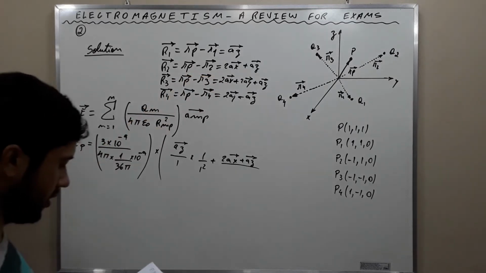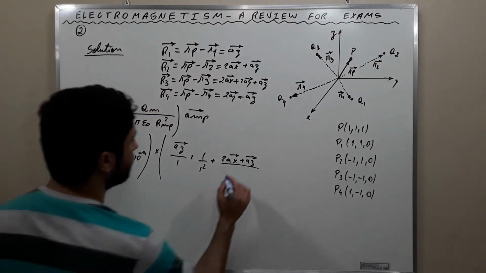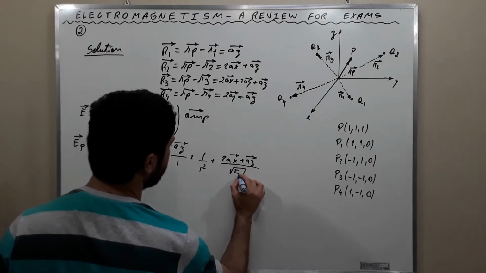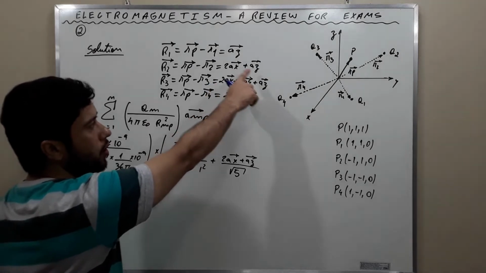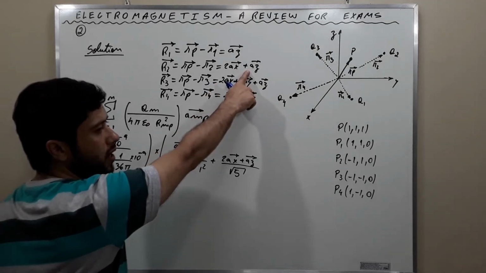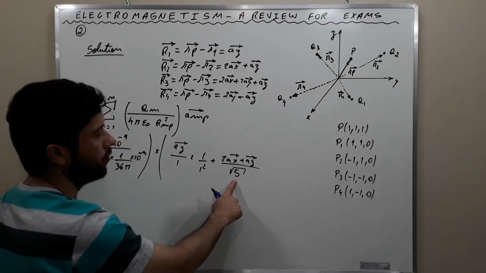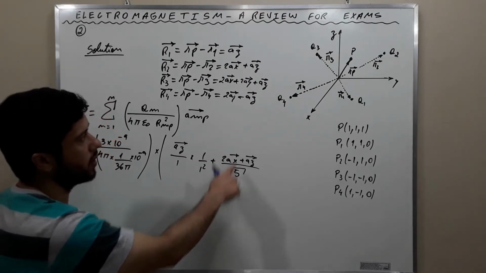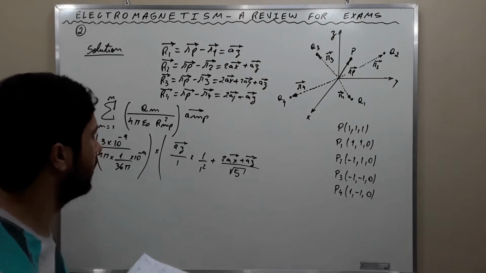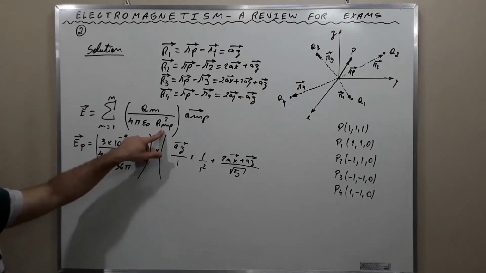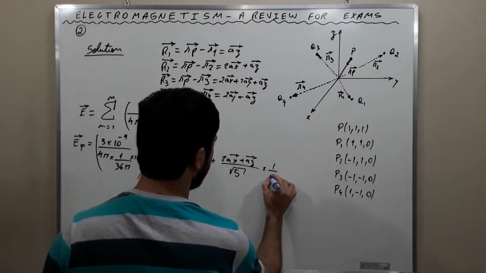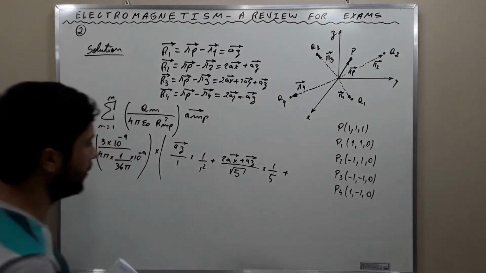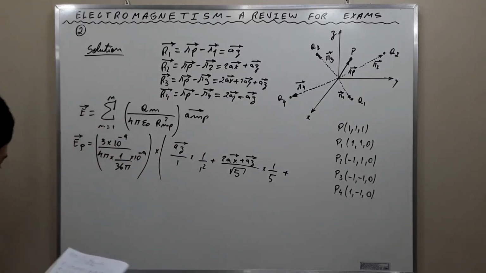The magnitude here is the square root of 5. 2 squared is 4, plus 1 is 5. The square root of 5 is the magnitude of this vector here. And as we need to multiply by the square of the magnitude, it is 1 over 5. Okay? We're going to do it for all the vectors.